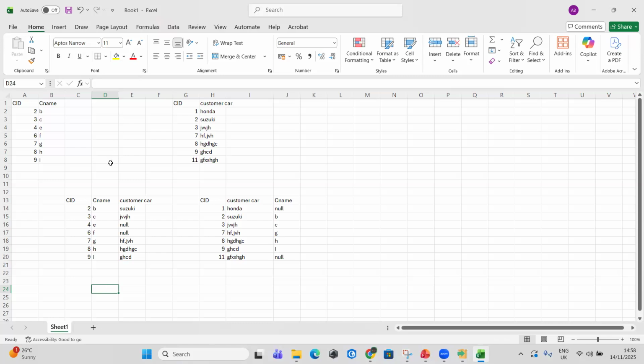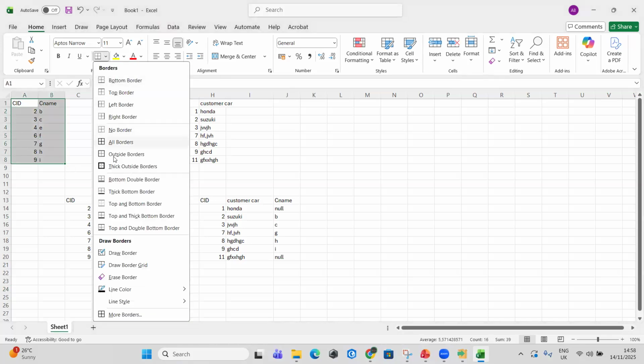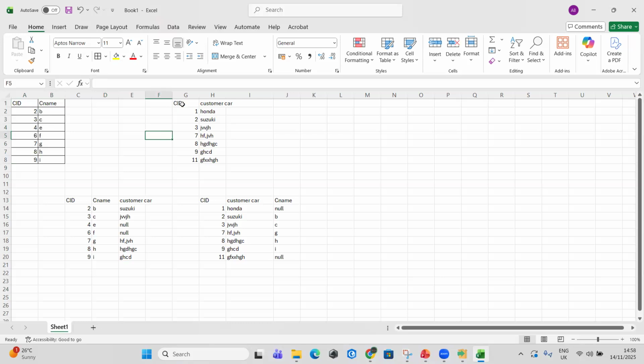Okay, so basically what we did is when you have two tables, I had this one table and then I had this another table. First I performed a left join.